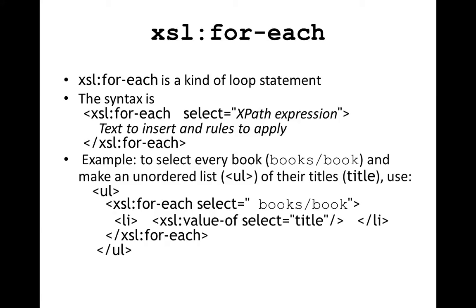We're not going to do a lot of HTML, just enough to get your feet wet. This is an unordered list, UL. Inside of that, you're going to do your for-each loop. Here you're going to do your XPath expression, books, and then book. That's going to grab or make accessible all the book nodes in that XML file.